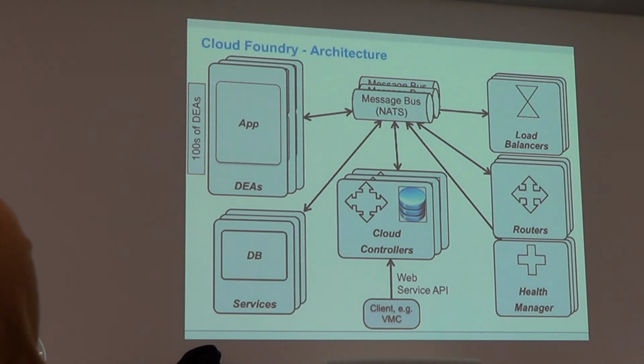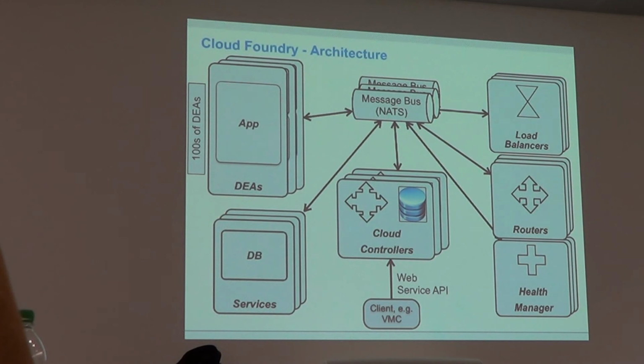When we deploy, VMC or any other client talks to the cloud controller. The cloud controller says, I need to start 3 instances of a Ruby application. Some DEAs will advertise, I'm ready to run this app, and then they get the droplet and execute it. That's basically how it works.